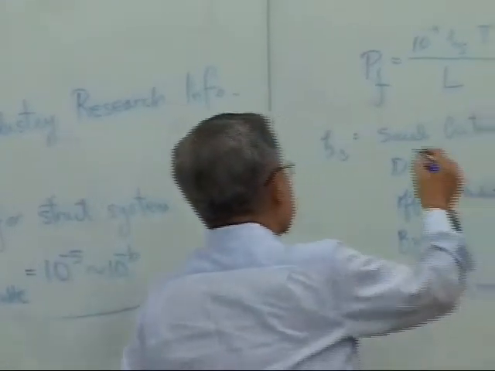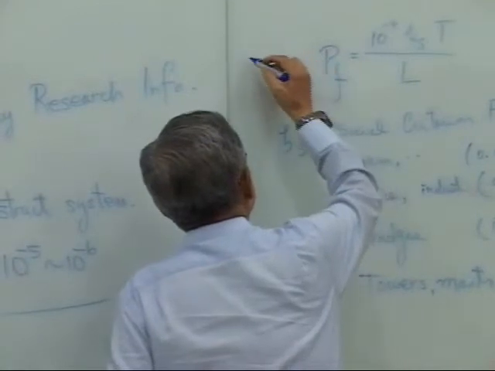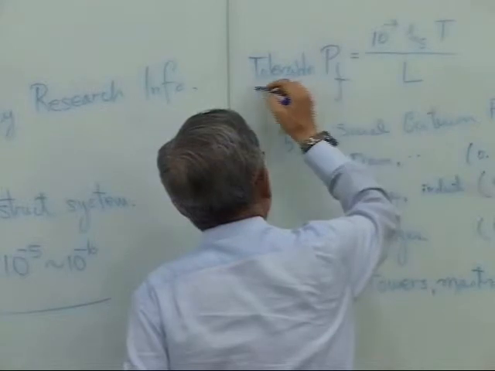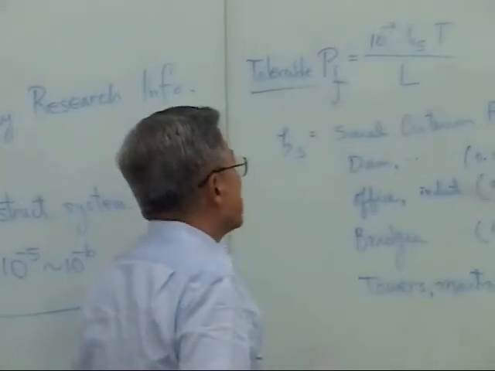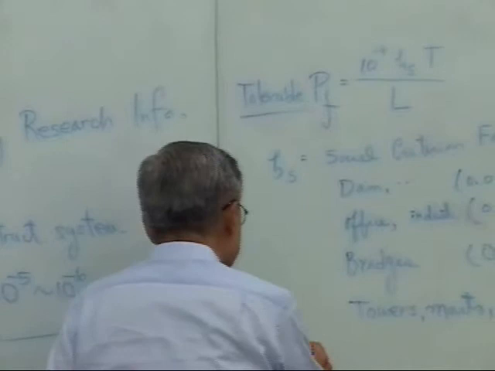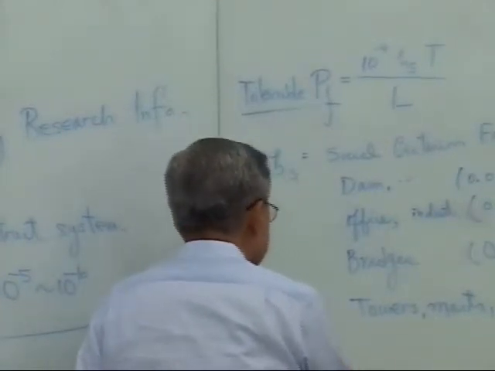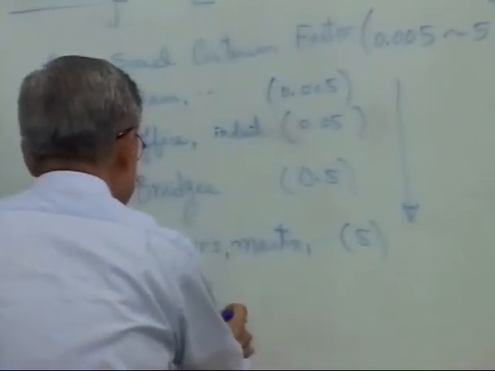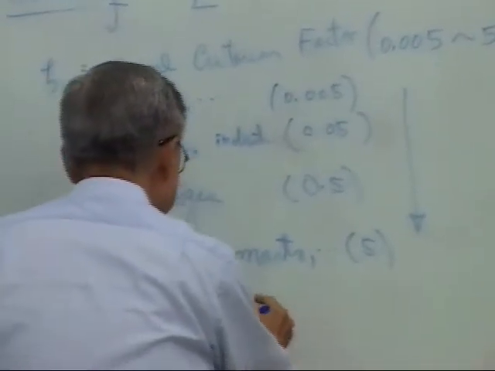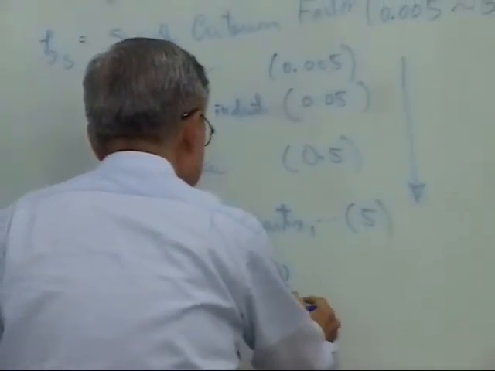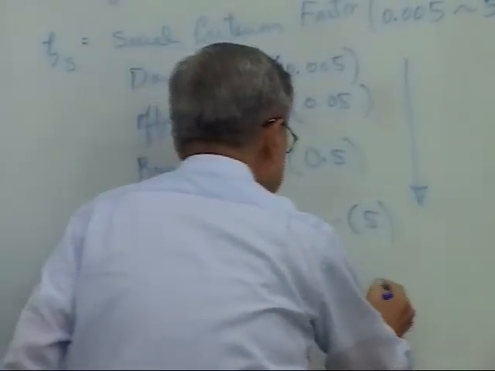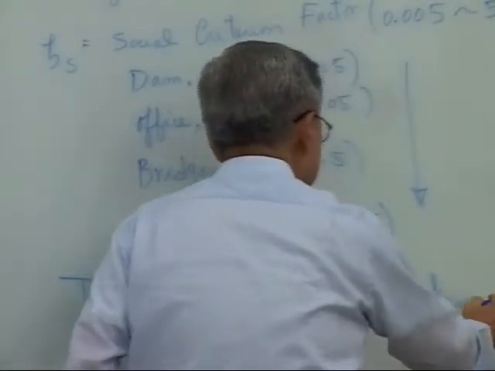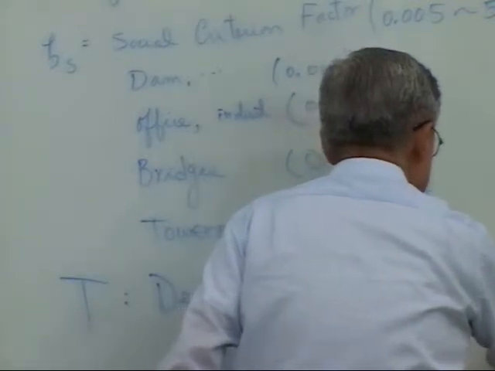So back to the allowable, or tolerable, failure probability. T is the design life of the structure in years.